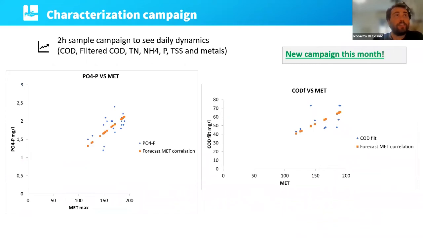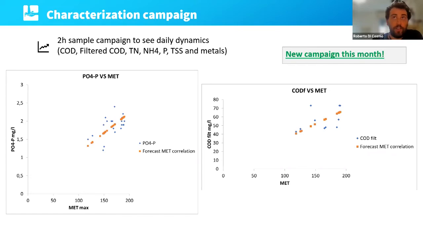20 days ago, more or less, we did a 2-hour sample campaign also to see this fluctuation of the dynamics of pollutants, COD, total N, ammonia, phosphorus, and metals, of course, and we noticed a correlation in value of microbiological activity with these parameters, with a sum of square error higher than 0.85.